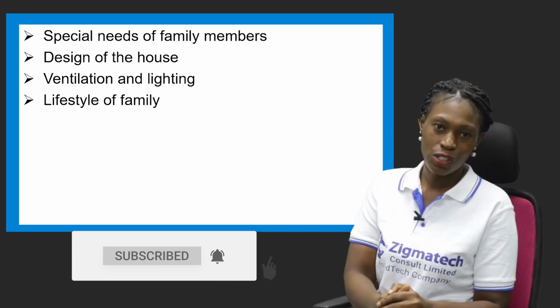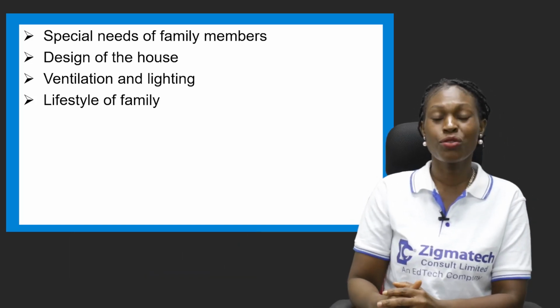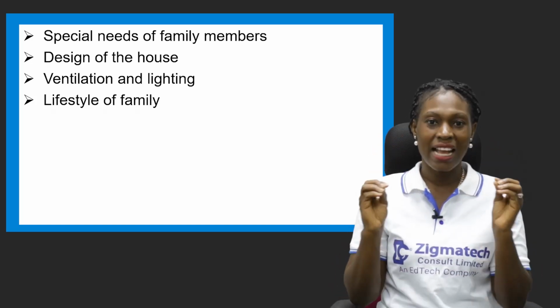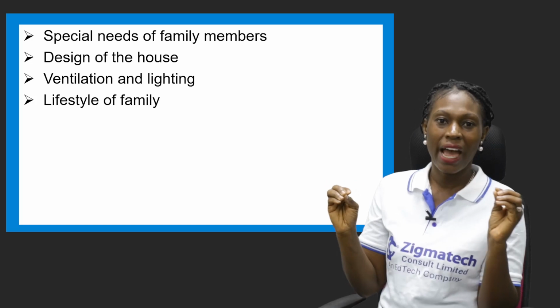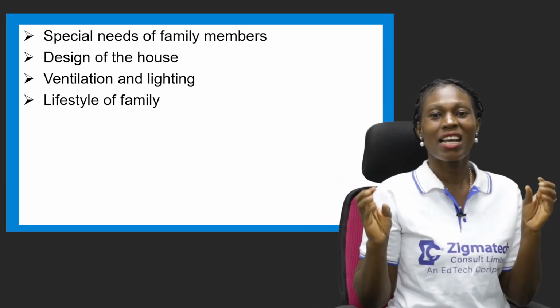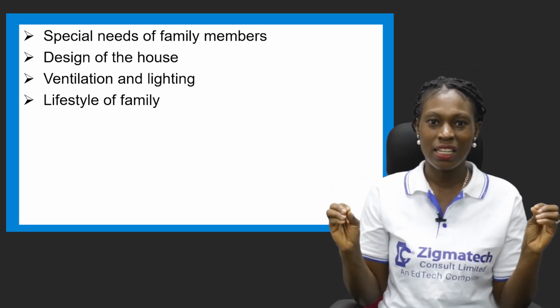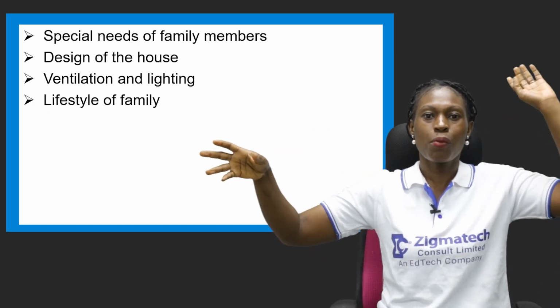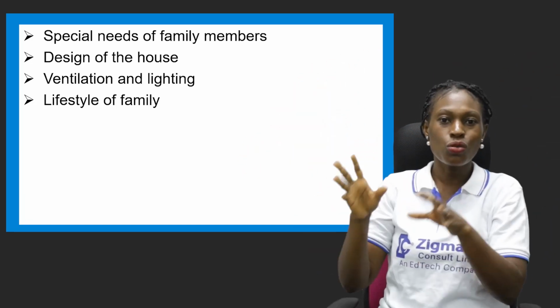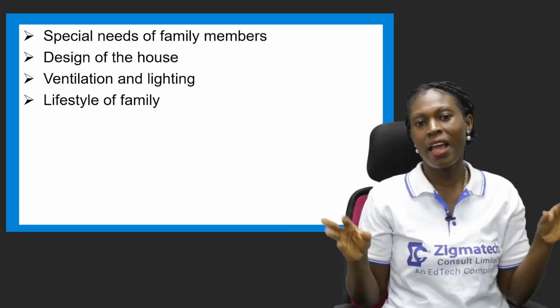Another one is the ventilation and lighting. Very true. Now, there are some houses that when there's no light, when there's no power supply, it seems as if it's already evening. It's only when there's light that the place looks lively, because this building is here, that building is there. It has covered every source of light to the kitchen or even to the main house.